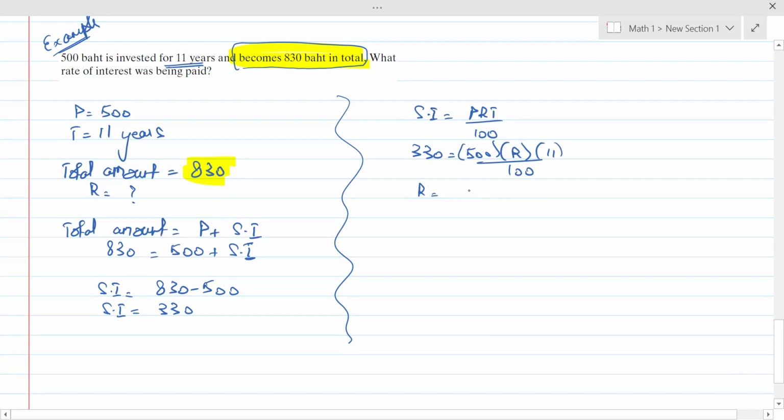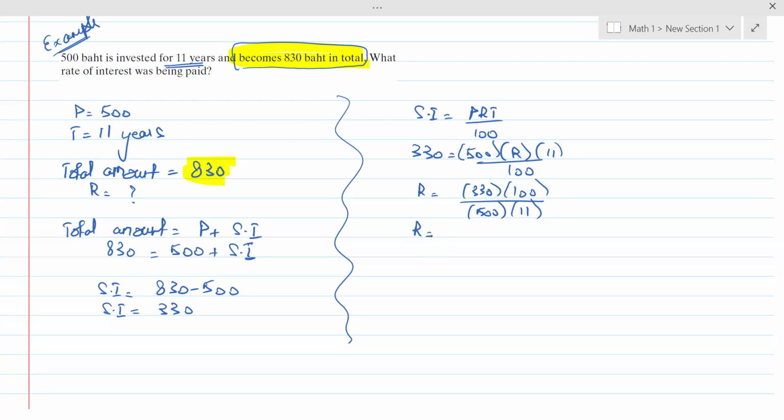So R would be 330 into 100 divided by 500 into 11. We're getting this as 6%. It is the rate charged.